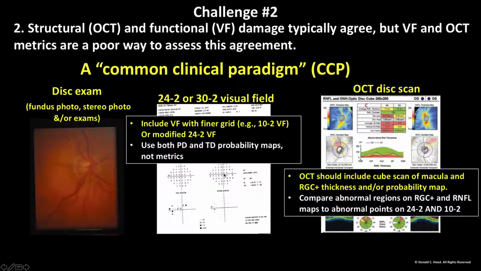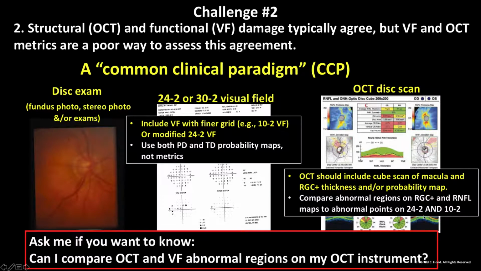And in terms of structure and function, you want to compare abnormal regions on the ganglion cell and retinal nerve fiber maps to abnormal points on the 24-2 and 10-2. And in the separate module, I'll address the question, can I compare abnormal regions on my OCT scans?